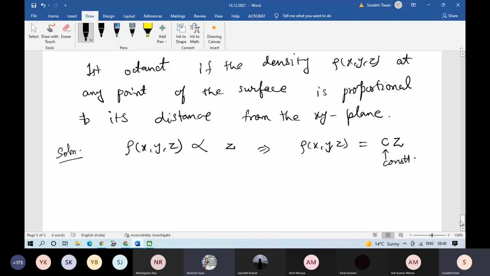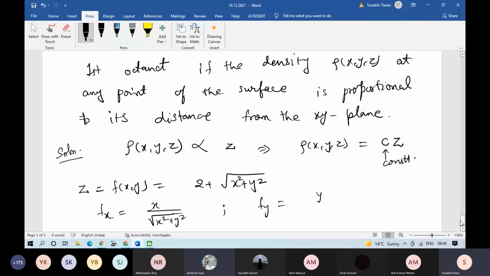Now it is given that z is a function f(x,y), which is 2 plus under root of x square plus y square. तो यहाँ से हम fx निकाल सकते हैं, x upon under root of x square plus y square, और fy, y upon under root of x square plus y square.